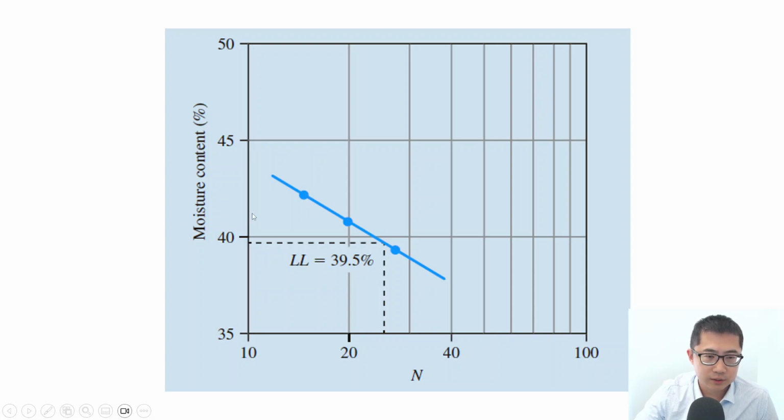Your LL is 39.5% of moisture content. So this is from the textbook, but technically this is not correct. We don't really write LL equals 39.5%. Make sure you get rid of that percentage sign. It is a moisture content in percentage, but the convention is we just use that number, 39.5, as your LL.